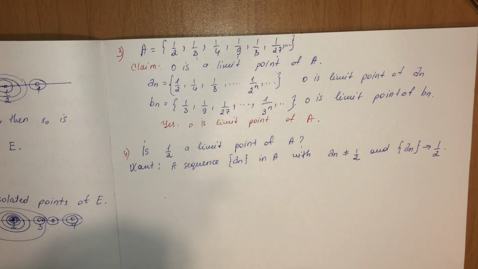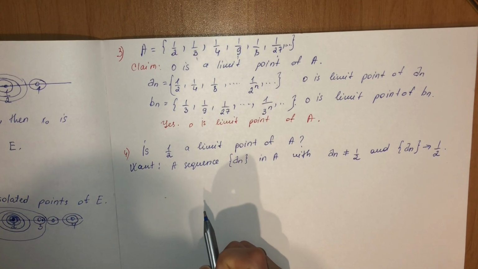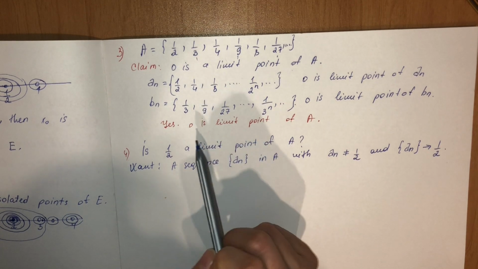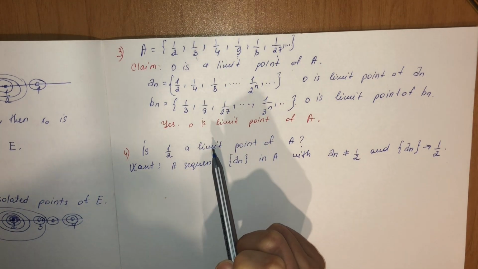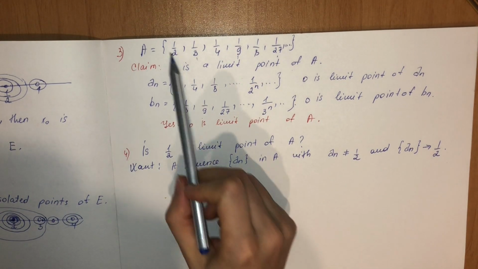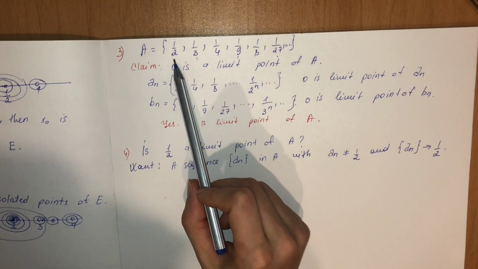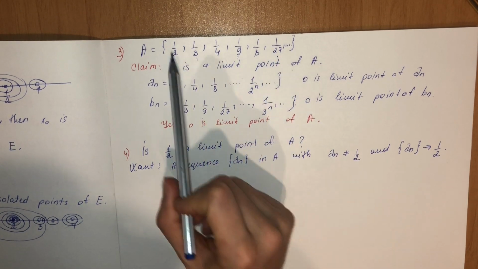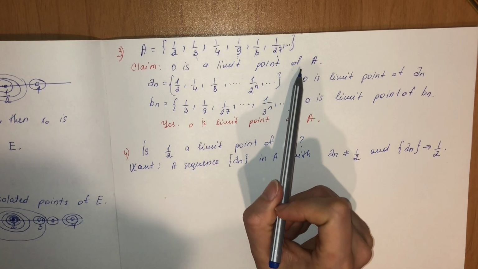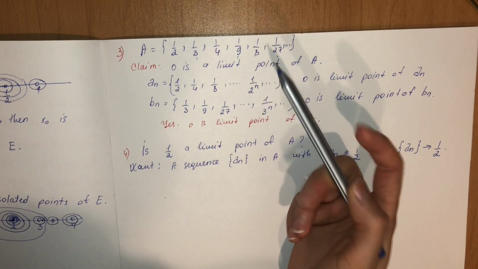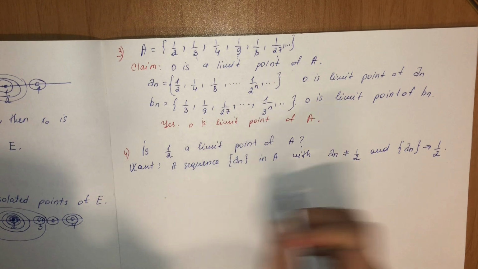What's the answer? Since 1 over 2 is in A, but is not a limit point of A, then 1 over 2 must be an isolated point. So here we cannot find a sequence from A that converges to 1 over 2. Okay, then what is the answer?